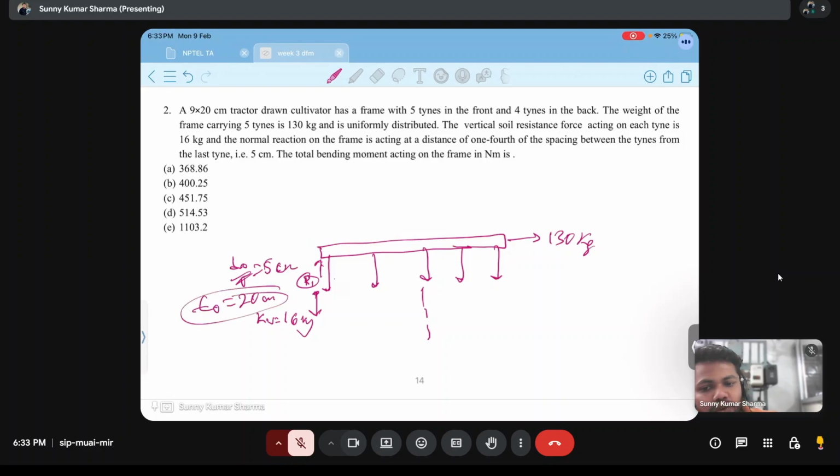Means the spacing between two tines is 20 centimeter. But one tine is here and this is the exact spacing. So the spacing between two adjacent tines in one frame is 2 T naught, so this will be 40 centimeter. This is 2 T naught, this is 2 T naught, and WG is acting here. WG by 2 is acting here.